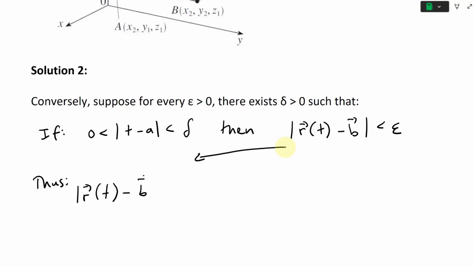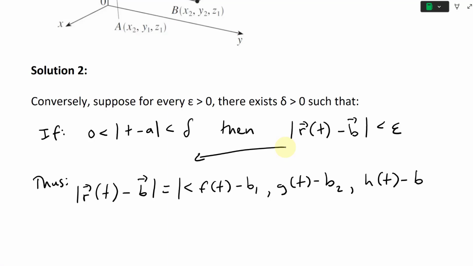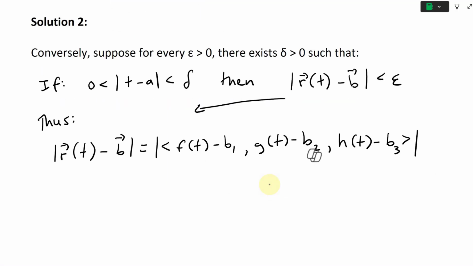Putting these in components, this equals the absolute value of f of t minus b1, g of t minus b2, and h of t minus b3, and this is less than epsilon.